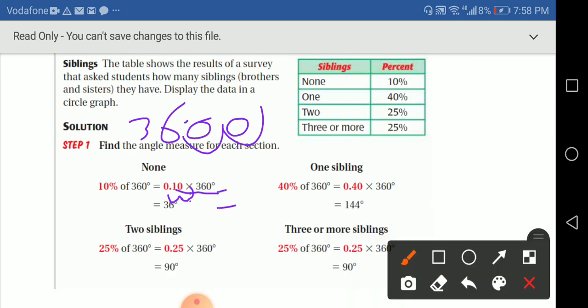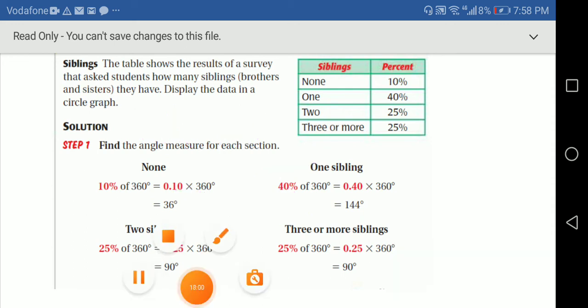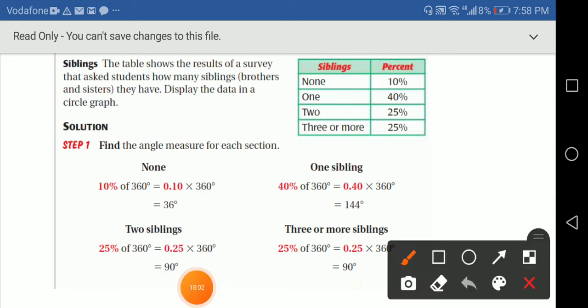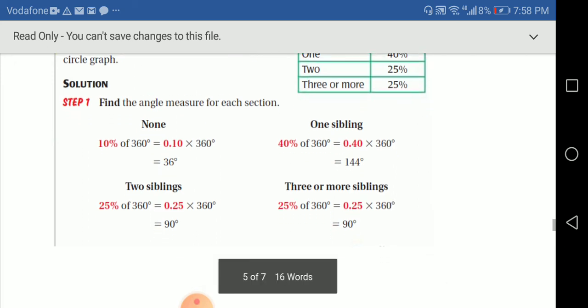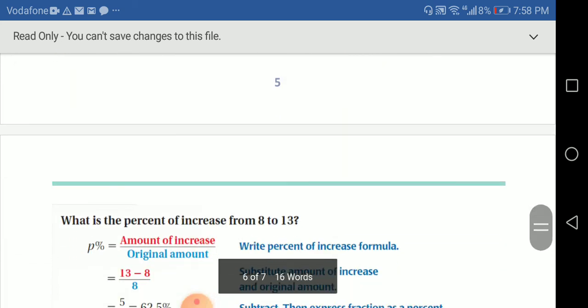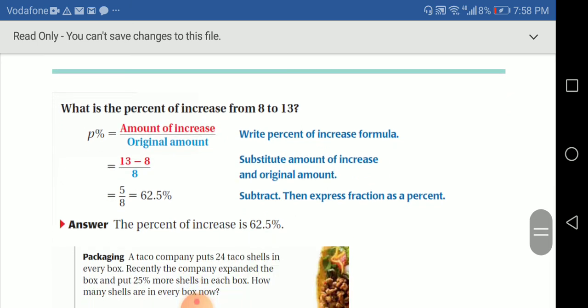So it will be 36 degrees. Easy one. What about the 40%? I'm going to do the same. I'll take the 40% multiplied by 360, 0.40 times 360, and do the same steps. And I will do it for all the girls, boys, and the rest.